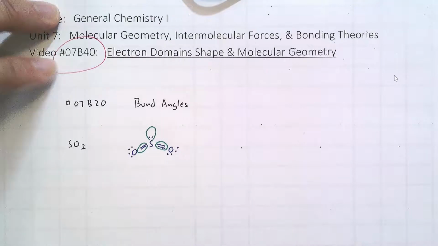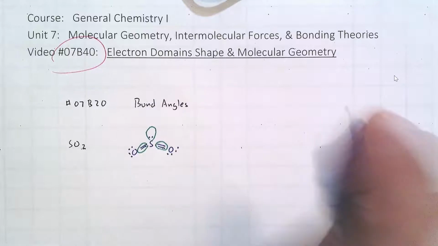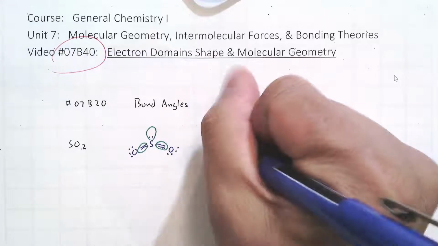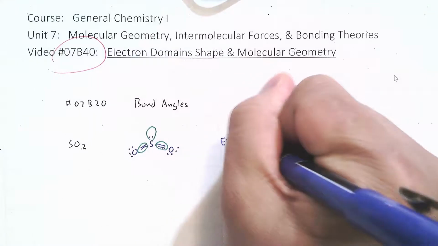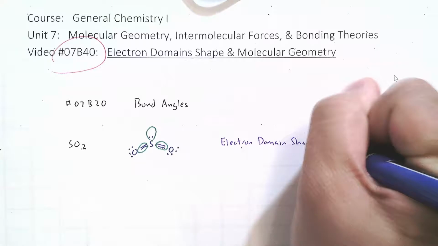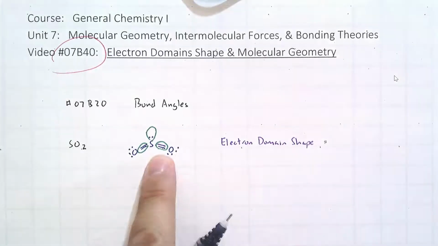That, in our case, is called the electron domain shape. Let me write that down. And that's one of the shapes that we need to be concerned about, the electron domain shape, trigonal planar.